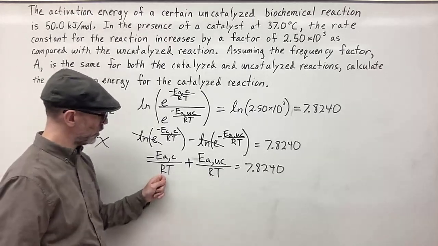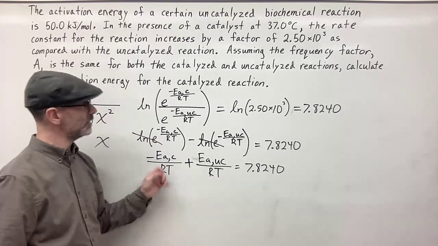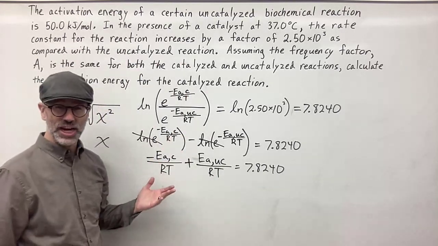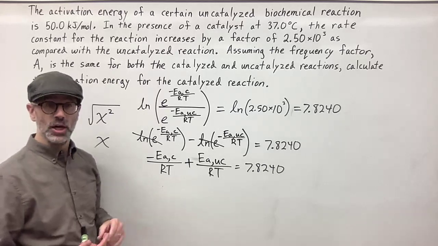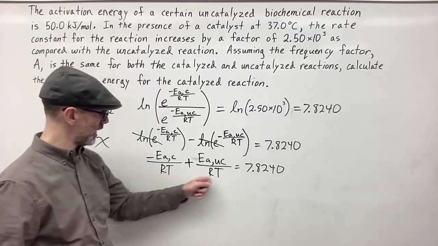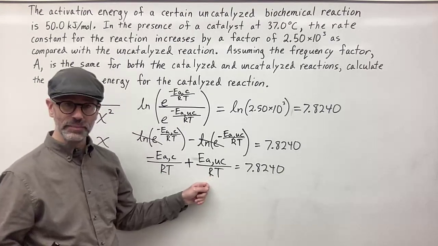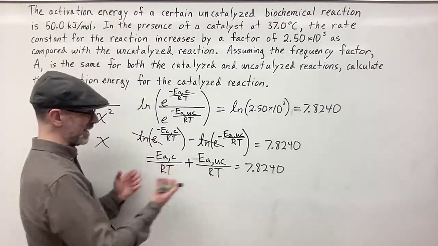Okay. Now, I have this and this. Now, notice that the R and the T are constant. They didn't tell us anything about a change in temperature, so we can assume that the temperature hasn't changed. So the temperature is going to be the same. R is going to be the same, so we can plug those in. We could actually take it out, actually.